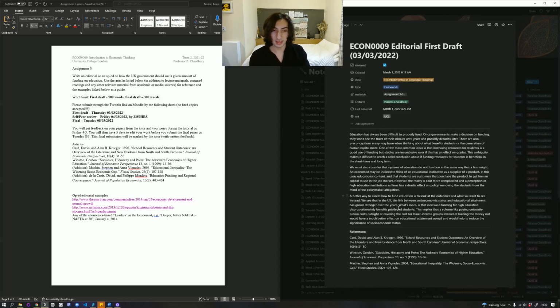If higher education disproportionately affects higher income students and is giving more to them, then using funding to help fund lower income students, or perhaps even eliminate costs altogether for students instead of paying universities directly, would be a much better use of funding than increasing it in areas where we do not know it has an effect. I should probably make that a little clearer in my next draft, but that's a good start.